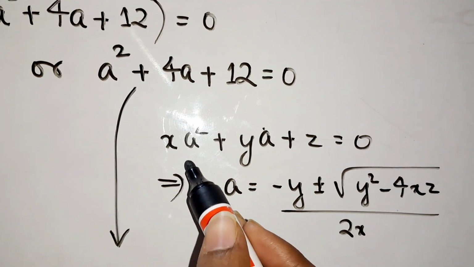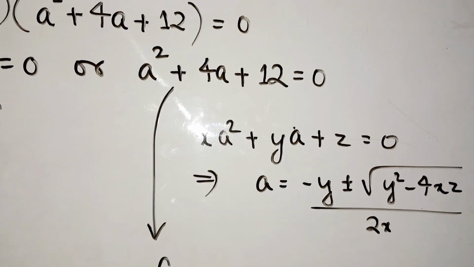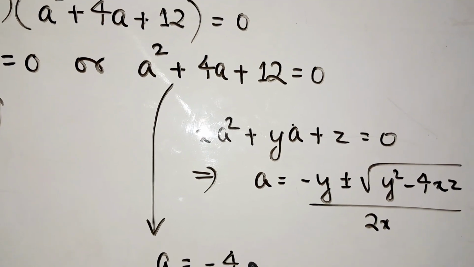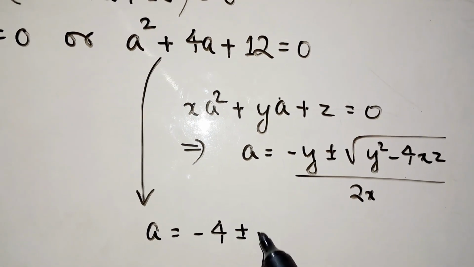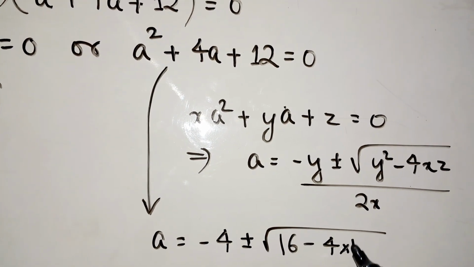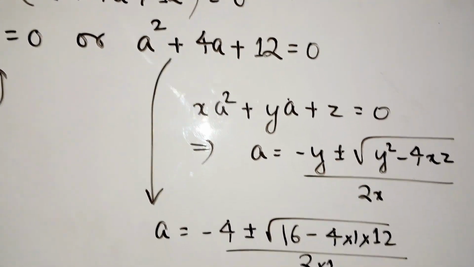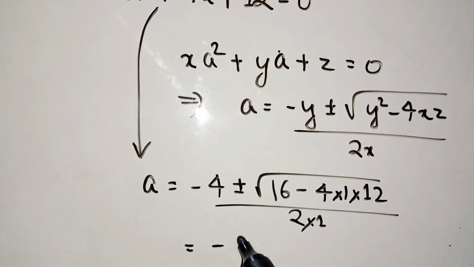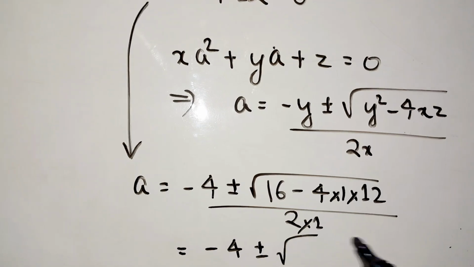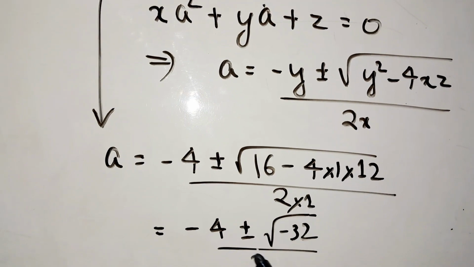So here x is 1, y is 4 and z is 12. So for our equation we'll get a as minus 4 plus or minus square root of 4 square, which is 16, minus 4 multiplied by 1 multiplied by 12, whole divided by 2 multiplied by 1. So it is nothing but minus 4 plus or minus square root of 16 minus 48, which is square root of negative 32, which is a complex value.